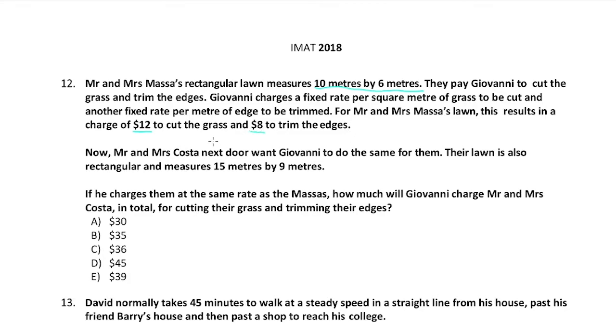Now, Mr. and Mrs. Costa next door want Giovanni to do the same for them. Their lawn is also rectangular and measures 15 meters by 9 meters. If he charges them at the same rate as the Massas, how much did Giovanni charge Mr. and Mrs. Costa in total for cutting their grass and trimming their edges?